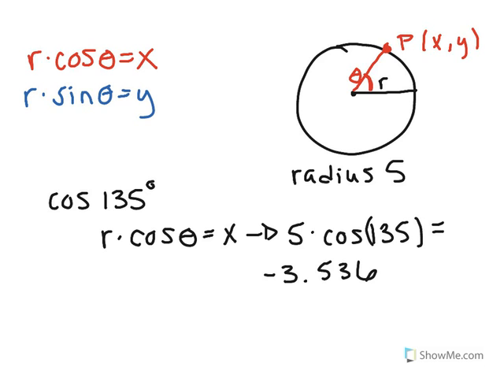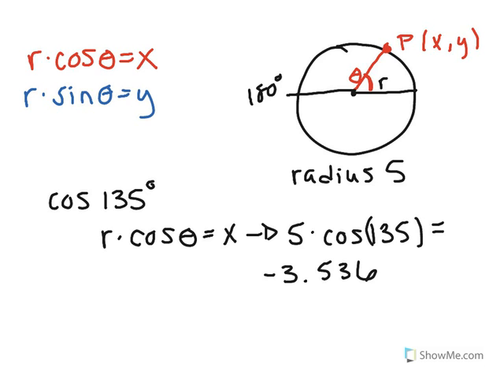So that's how we're going to work with these kinds of problems. And just to verify this answer, let's think of where 135 degrees would be on this picture. I know that if this terminal side were to continue this direction, this would be 180 degrees.